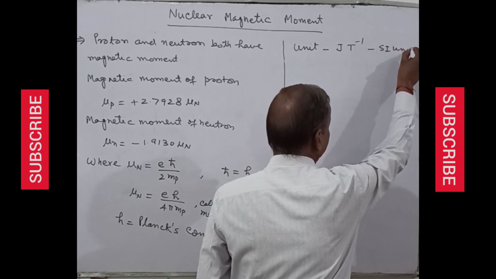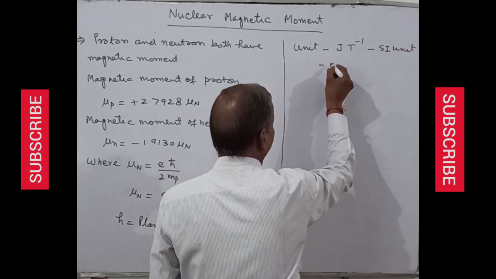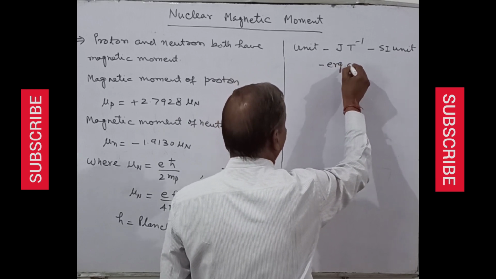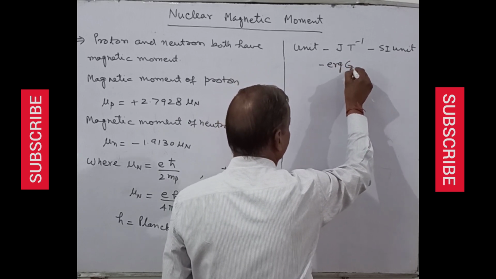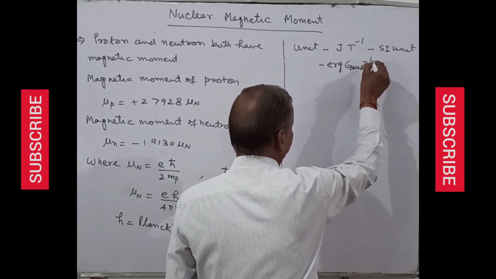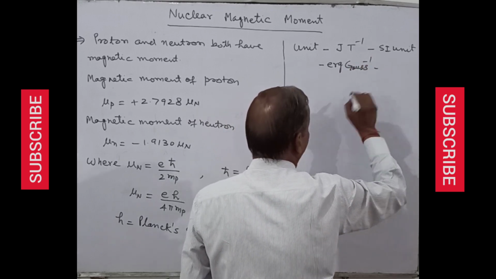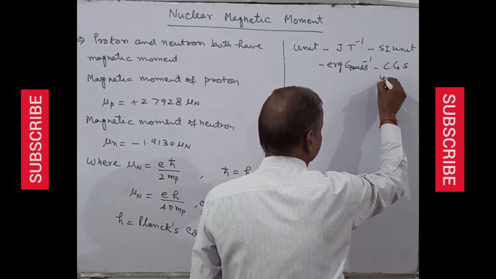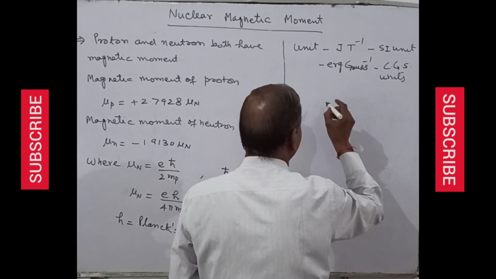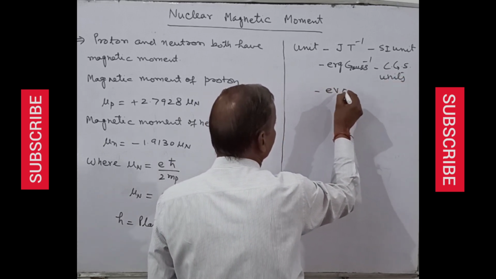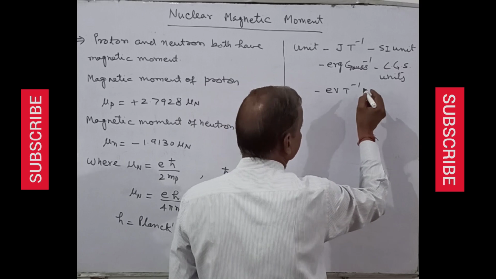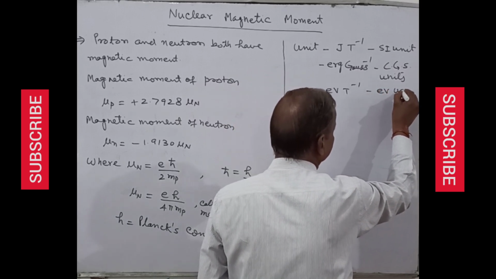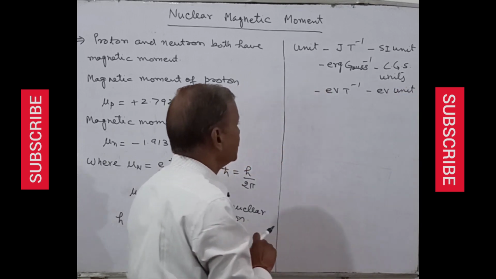And we can also write it as ergs per Gauss. Then this is the Gaussian or CGS unit. If we have electron volt per Tesla, then this is in electron volt units. So this can be expressed like this.